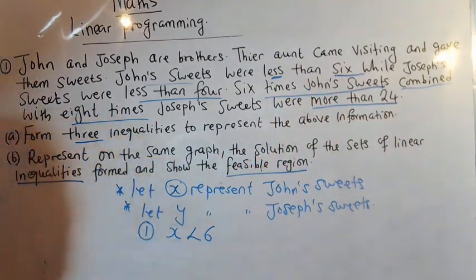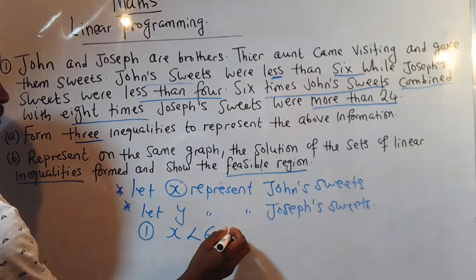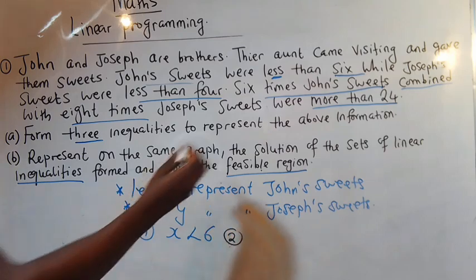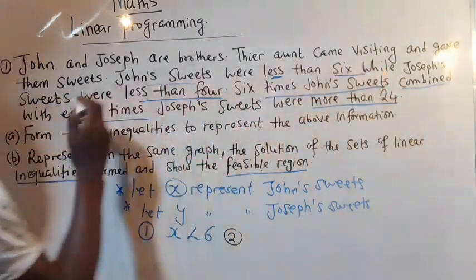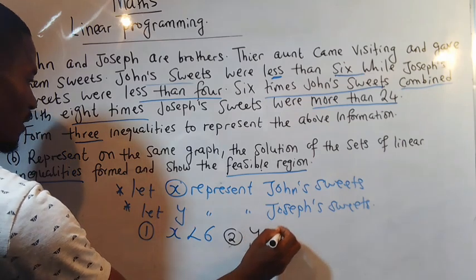That is our first inequality. Number 2, Joseph's sweets were less than 4, so y is less than 4.